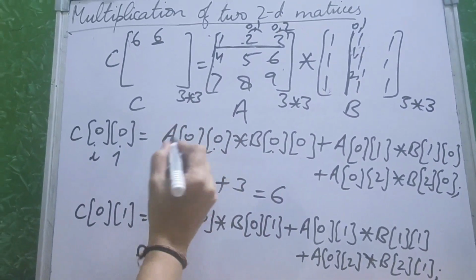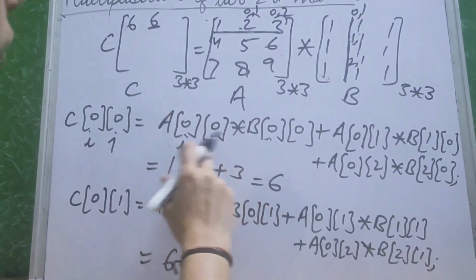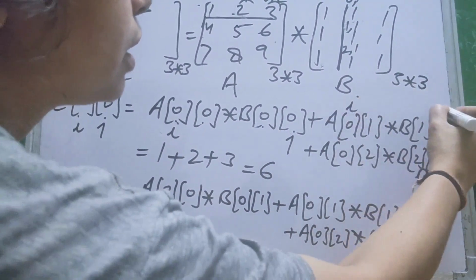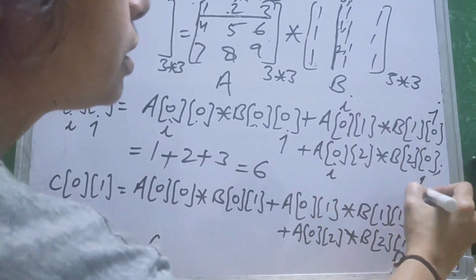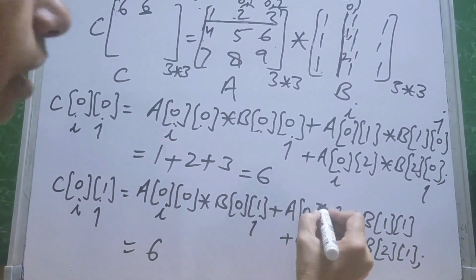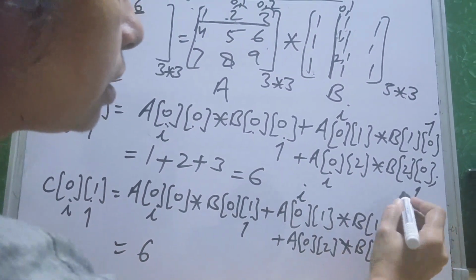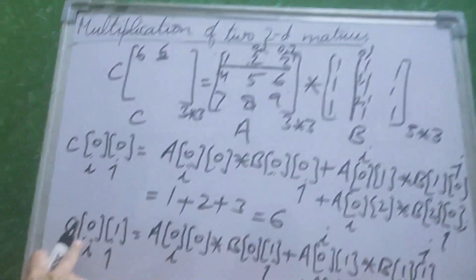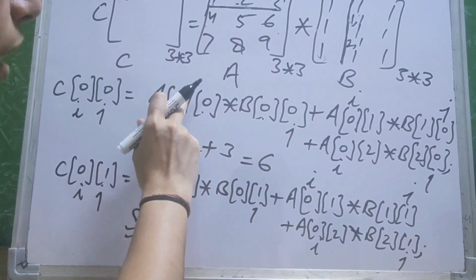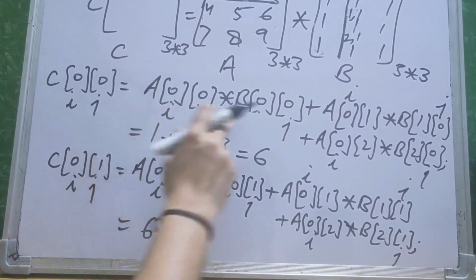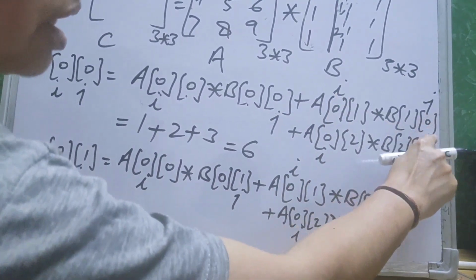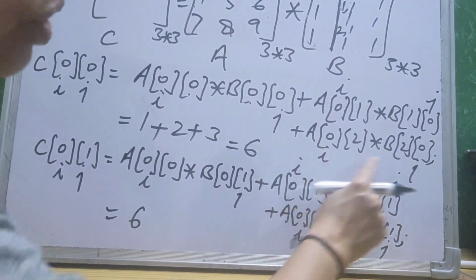As we can check I j, then I j, this is also I j and j. 0 1 index, 0 0 index is 0. A first index 0 and B last index as 0. A first index as 0, B last index as 0, and A first index as 0 and B last index as 0.